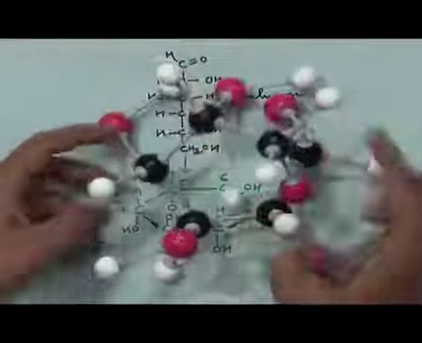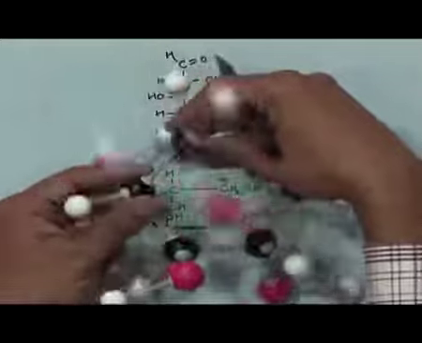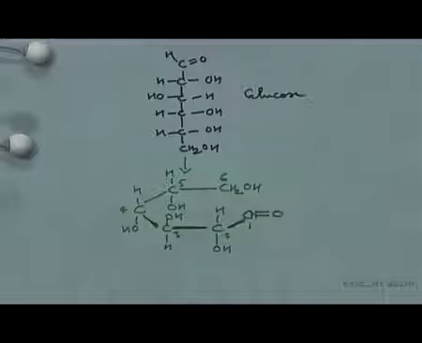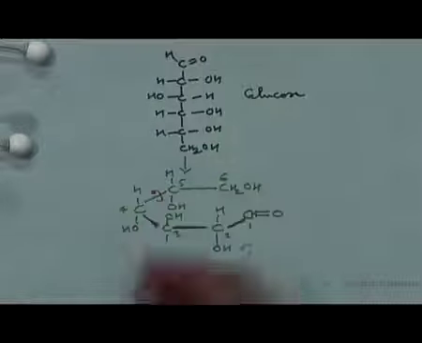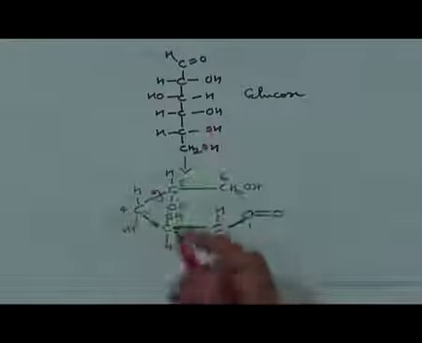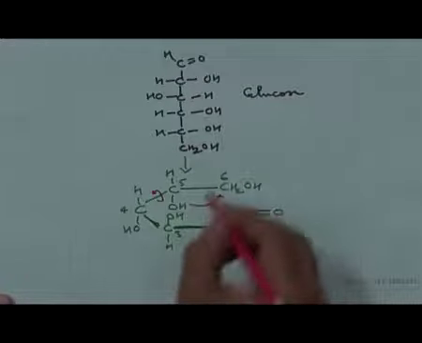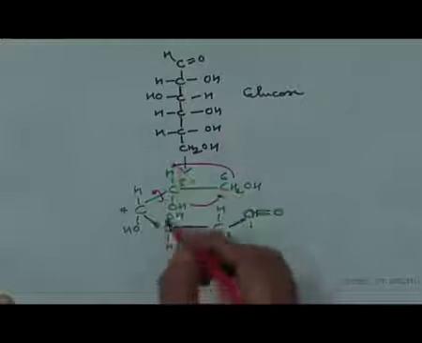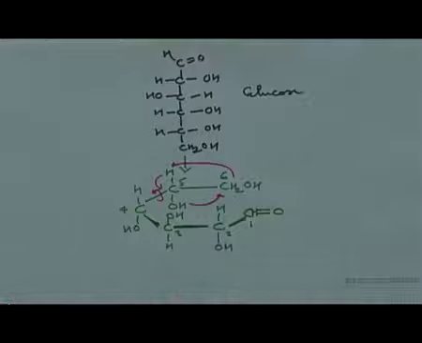So what I am doing, basically, I am rotating along this carbon-carbon bond, carbon 4 and 5. If I rotate, then hydroxyl will take the position of CH2OH, and CH2OH will take the position of hydrogen, and hydrogen will take the position of hydroxyl, all right.